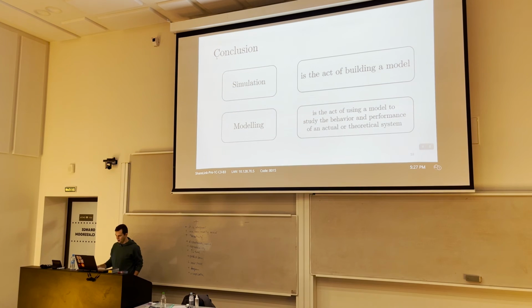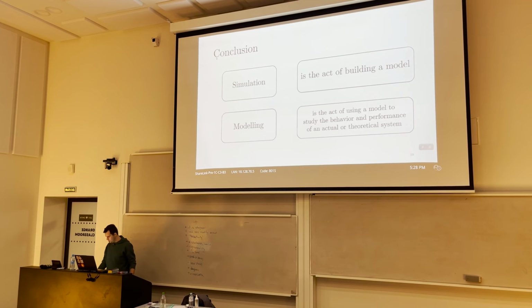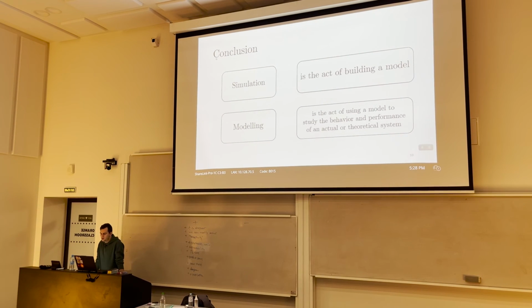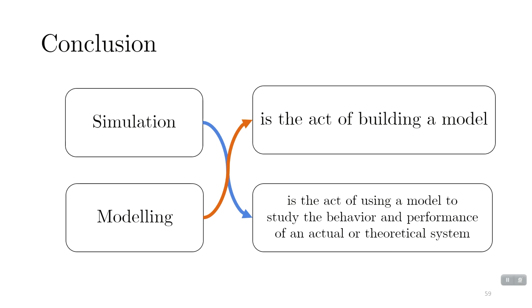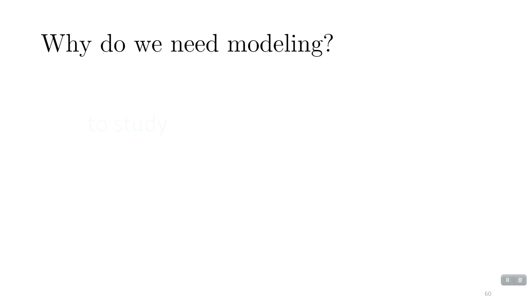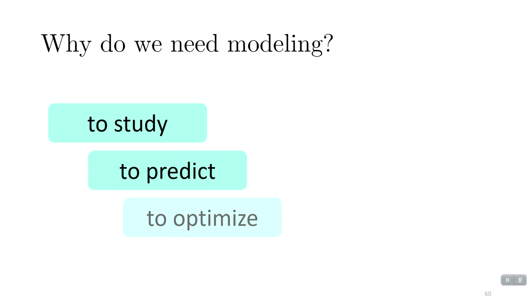All right, in conclusion, what do we know? Simulation. What is the simulation? And the modeling is the act of building a model. Why do we need modeling? For all of this stuff.